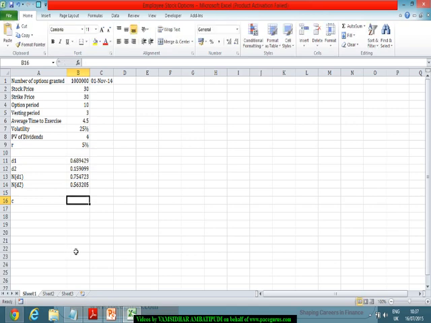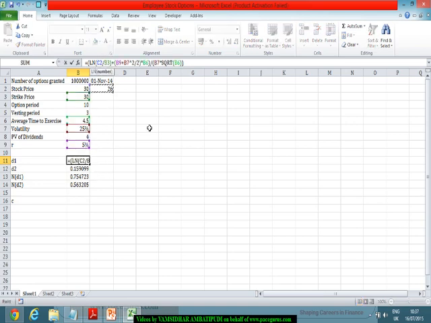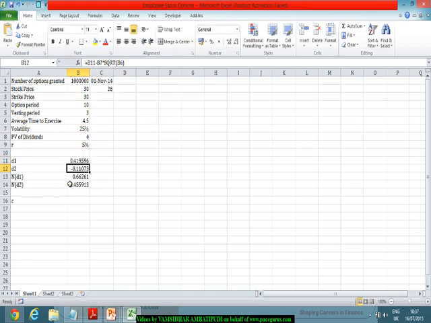First of all I need to adjust the stock price because there is a present value of dividends. So I'll adjust the stock price: the current stock price minus the present value of the dividend. So this 26 is what I have to take wherever I am using the stock price. These are my ND1, ND2.